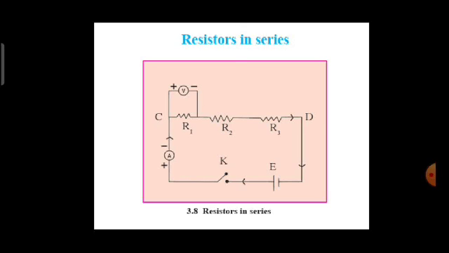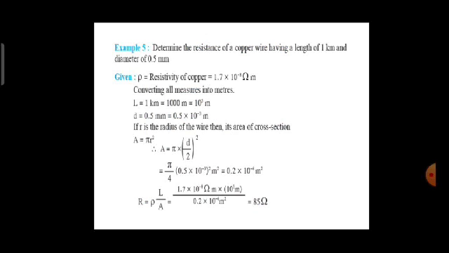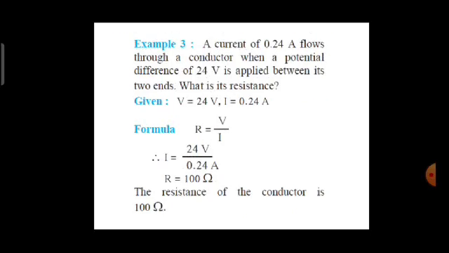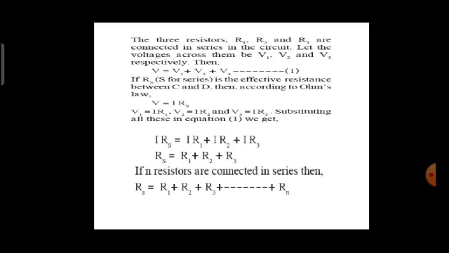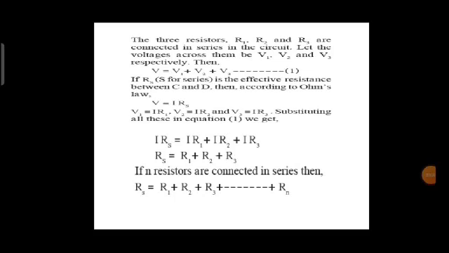Then the effective voltage, that is capital V, will become V1 plus V2 plus V3, and if RS, S stands for series, is the effective resistance between C and D, then according to Ohm's law, V is equal to I RS.